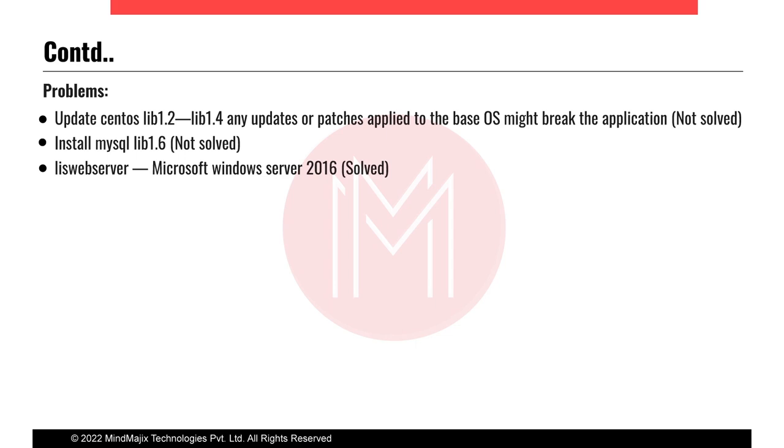The only problem we have solved here is the IIS web server, this application installation. We can do it because of the multiple OS on the same bare metal. Now we have seen here the utilization of the resources is appropriate. Only this problem is solved here, and the rest of the problems are still there.